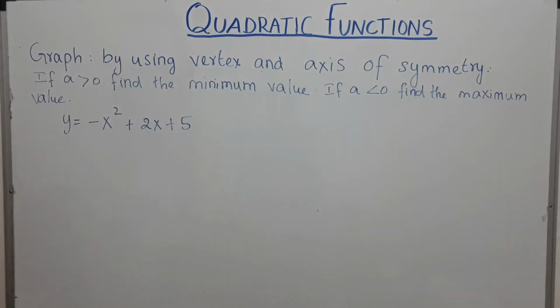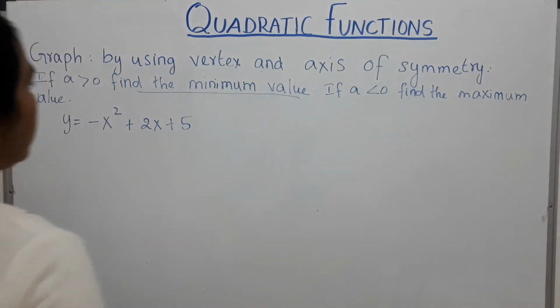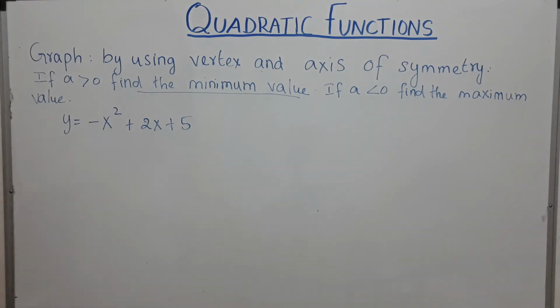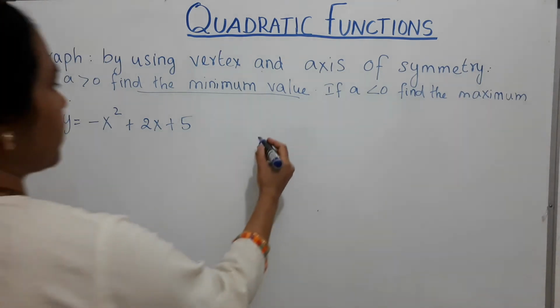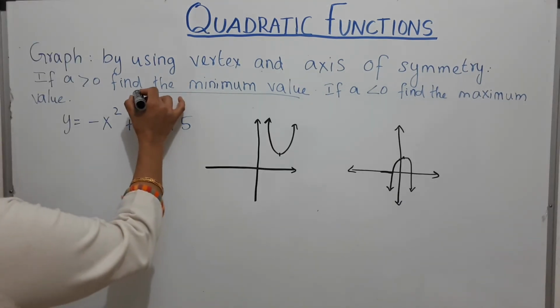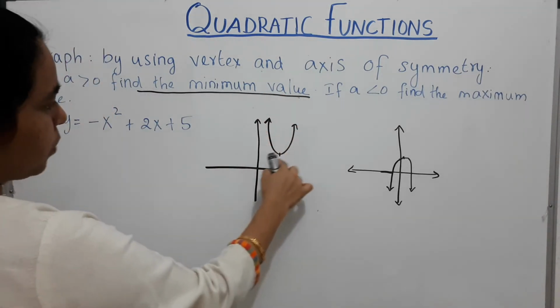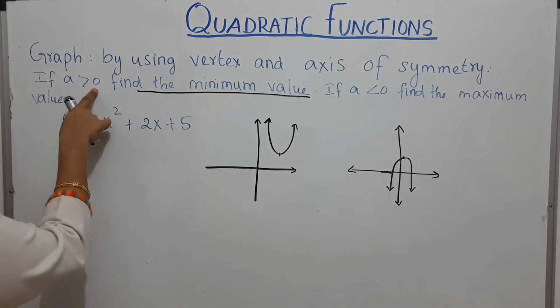In this question, we have to graph the function first, and then if a is greater than 0, you have to find the minimum value, and if a is less than 0, find the maximum value. So let us see what is minimum value and maximum value. Minimum value means when the parabola opens upward, when a is greater than 0.